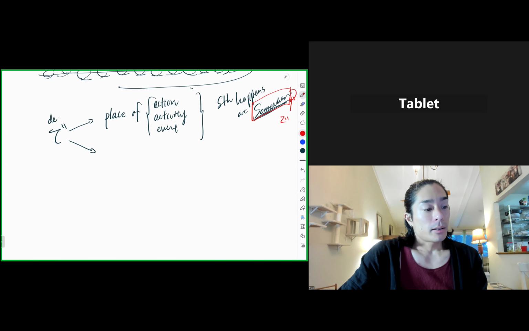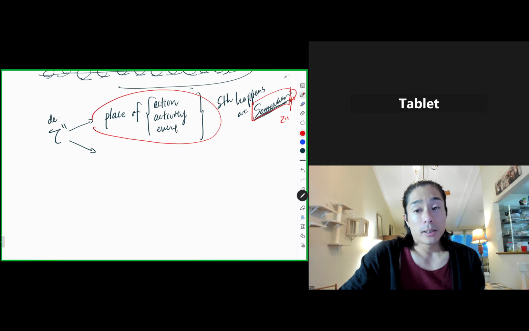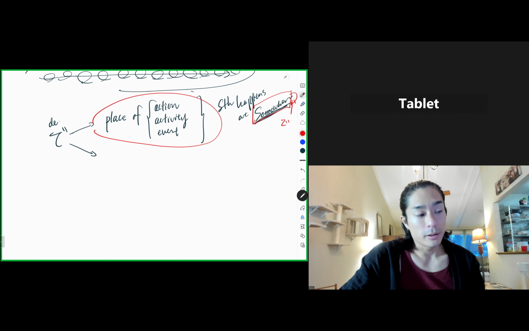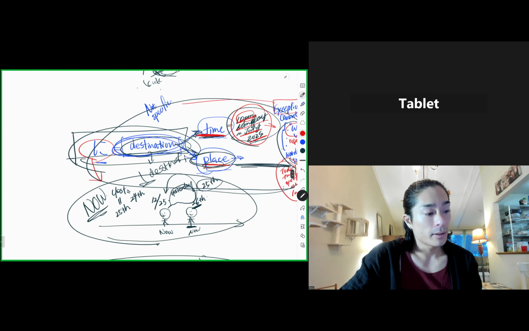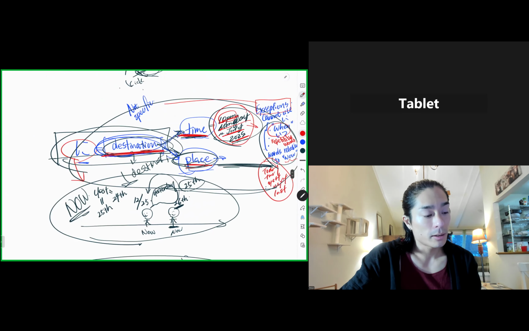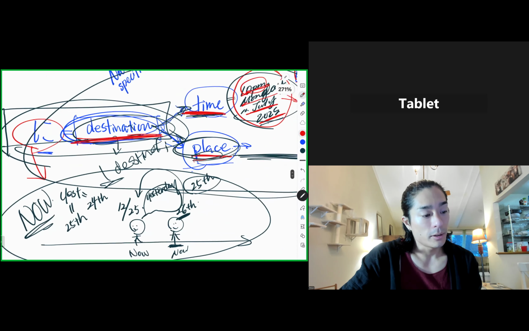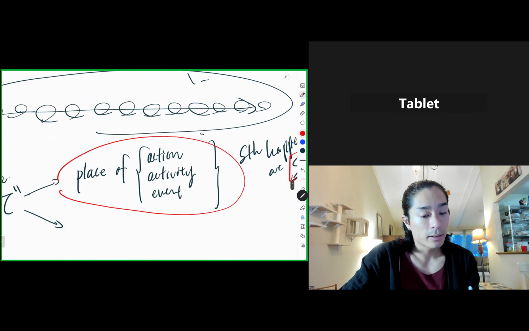Okay, this function is the one that gets confused with the earlier particle we just learned, ni, destination. Why? Because, like we said, destination, one of the meanings is place. Ni also has place.